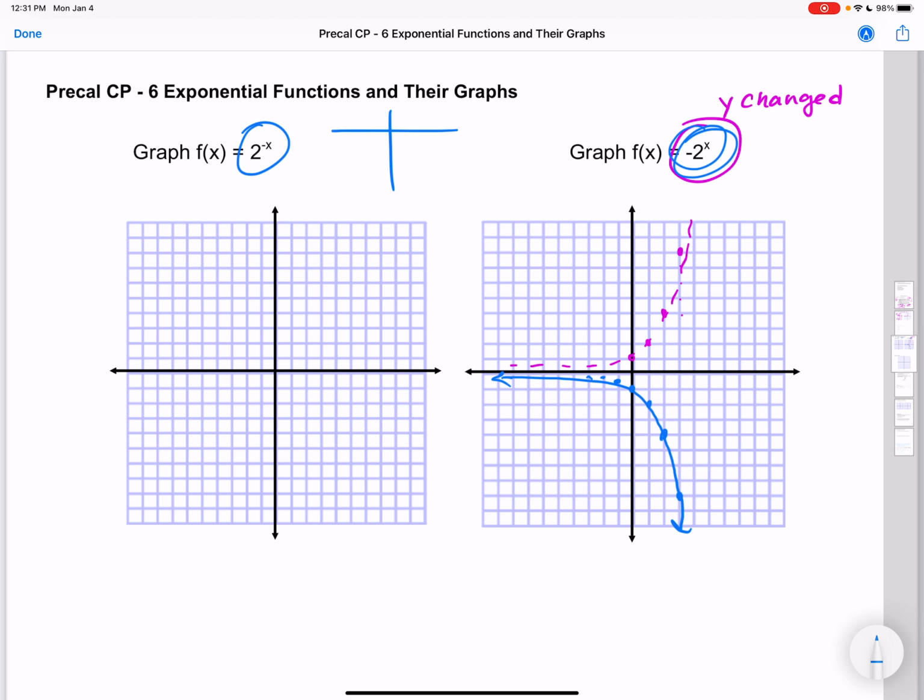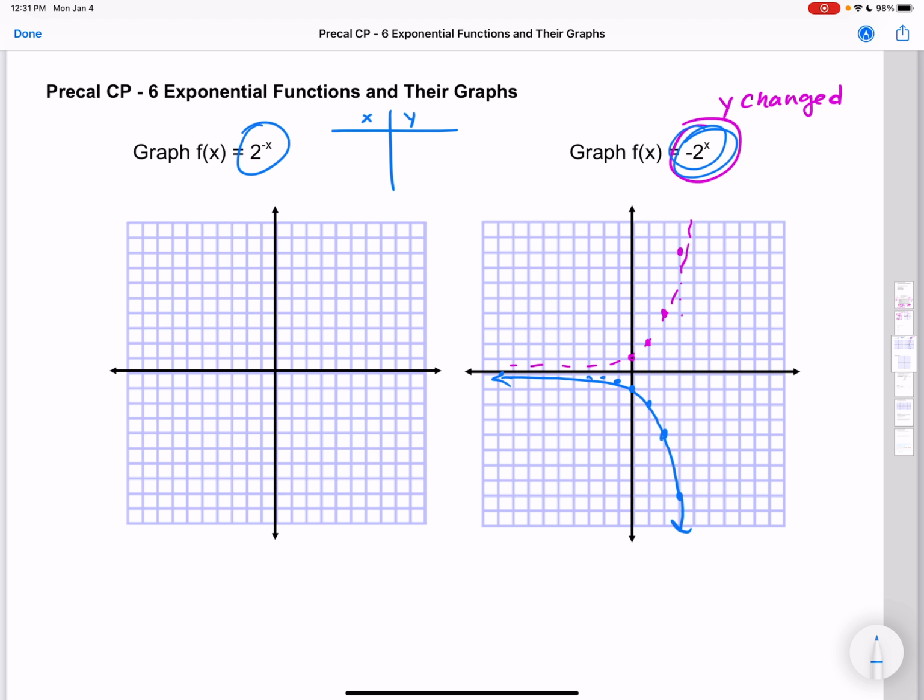If my x's are switching values, then instead of being positive, they're going to be negative. And so instead of it being +1, it's going to be -1. So here we have our x and our y values.